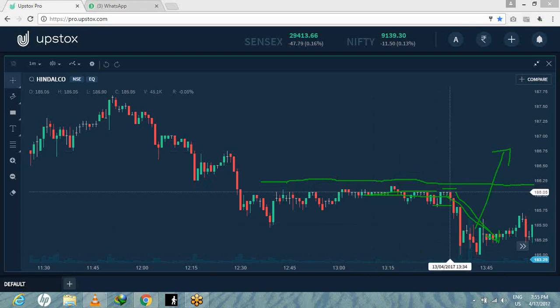It's 186.5 or, let's assume, 186. It could have gone to 185. If you are keeping your stop loss of 20 paisa and you are getting 1 rupee, which is not bad. It's around 5 times your risk to reward ratio.